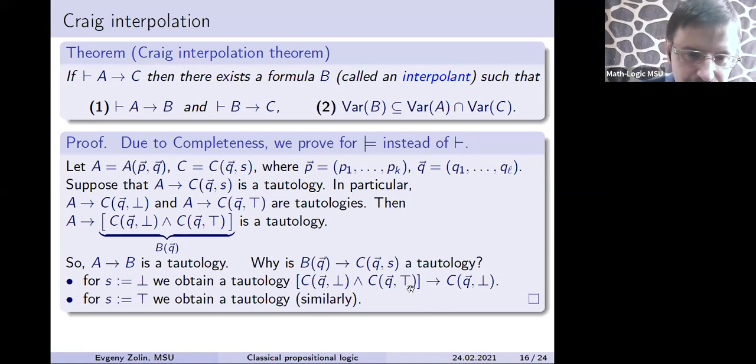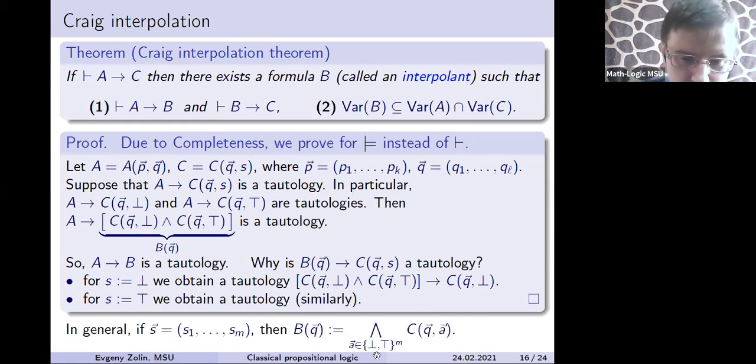That's it. Moreover, we build constructively an interpolant, a formula B. And if we had many variables S here, of course, we will need to take all possible substitutions of false and true.